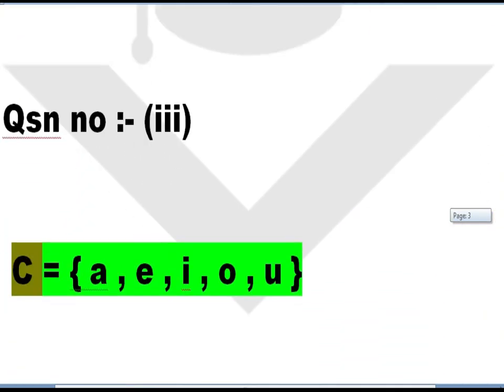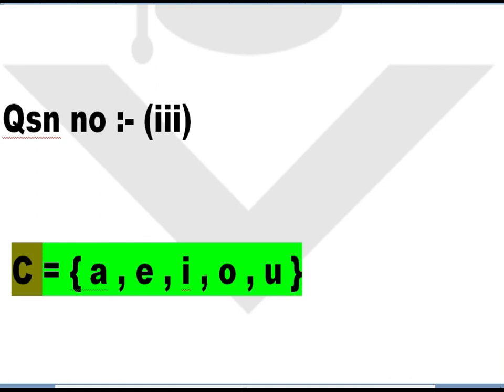Okay, go for next. Question number 3. C is equal to the set of A, E, I, O, U. What is this? Come on, find your answer right now. We studied this in the previous lecture. So what are they? Alphabets. But which alphabets?